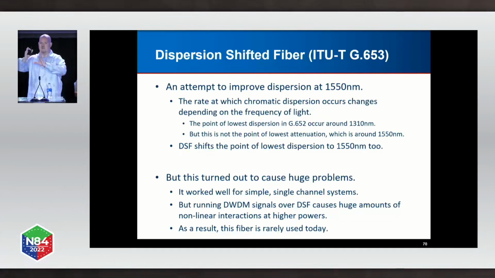So you start to spread the signal out a little bit. If you don't spread out the signal, what you have is this power entering the exact molecule at the exact time, and that causes your nonlinear effects. So you want a little bit of dispersion, so you spread that. So at any given instant, that exact photon is not passing through that exact atom. That ends up making your signal much better, and it really matters for WDM systems.